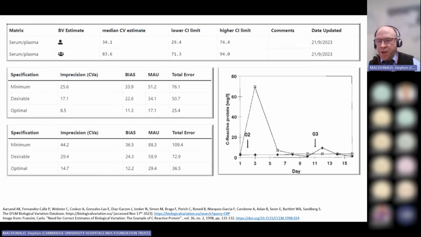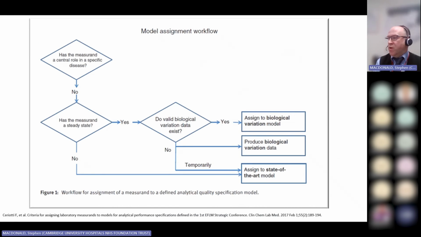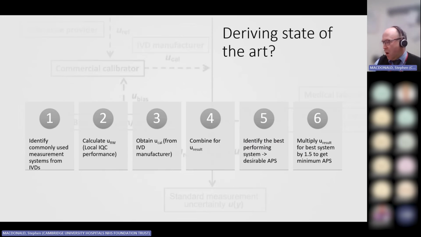But also for the CRP studies in particular, it was thought that a lot of the people being tested for the biological variation studies may have a subclinical transitory inflammatory response going on, whereas they might feel normal and everything, they might have a spike in their CRP, which grossly skews the data. So for that reason, we're taking out the outcome model, we've taken out the biological variation model, and we go to the state of the art model. So the best that we can possibly achieve.